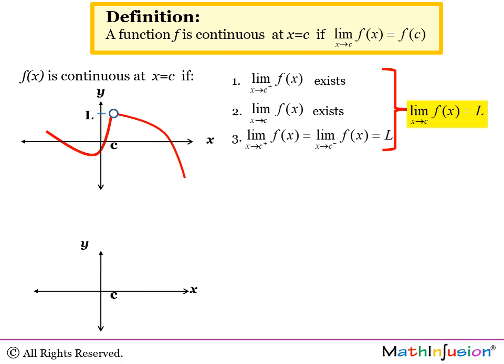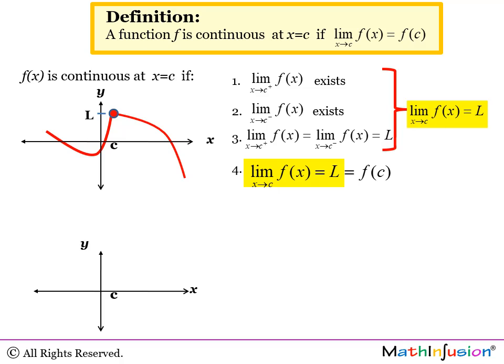We're really expecting this dot there to be filled in. We are expecting that the value of the function at c, f of c, equals L. Here is our expectation that this dot is there. And we have that. We say indeed that the function is continuous at x equals c.